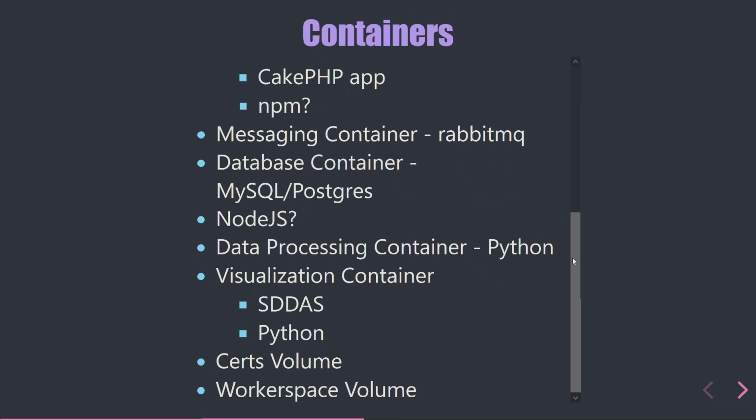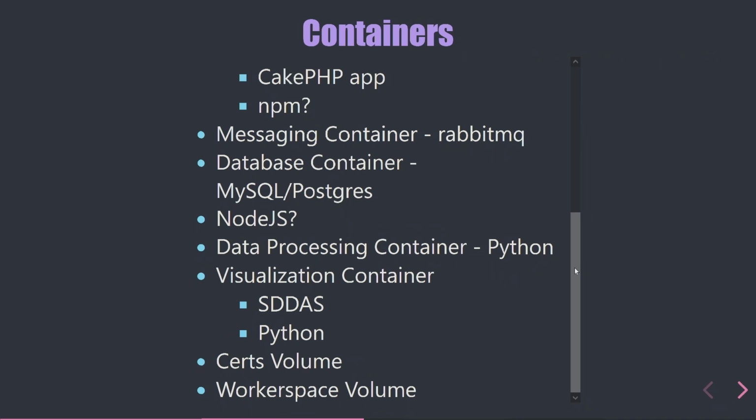There are other more cloud-native database technologies like CockroachDB, which we've looked into, but we just haven't gotten to that point. And so we've just been keeping on MySQL. And then data processing, that's just Python over some data processing code. Visualization, again, Python and SDDAS.